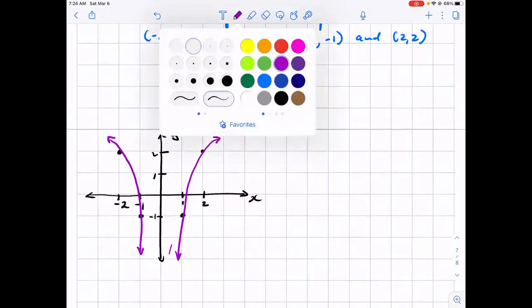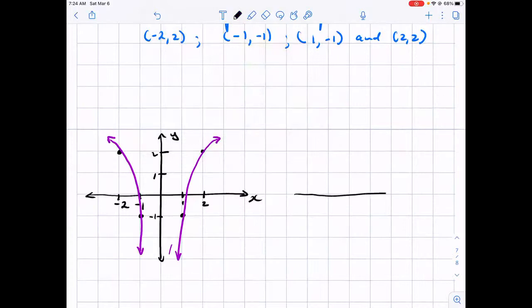Or I could have done the same thing, where you can see my graph could have possibly -1, -2. Okay. So this side is positive.